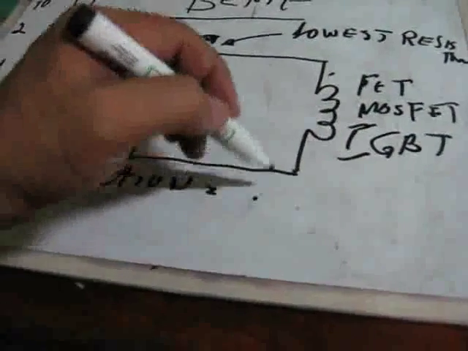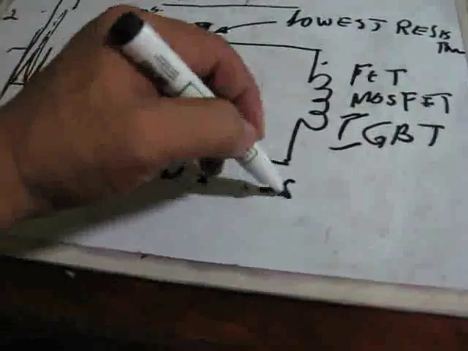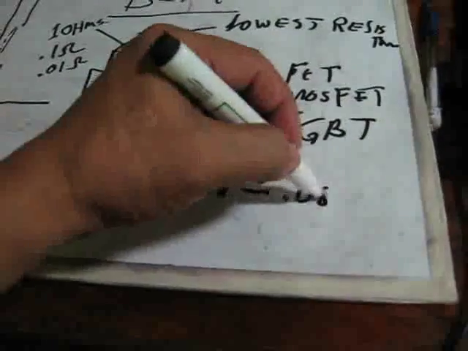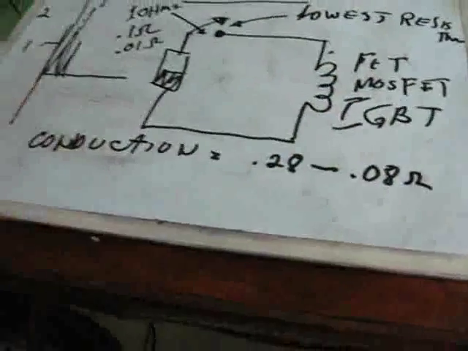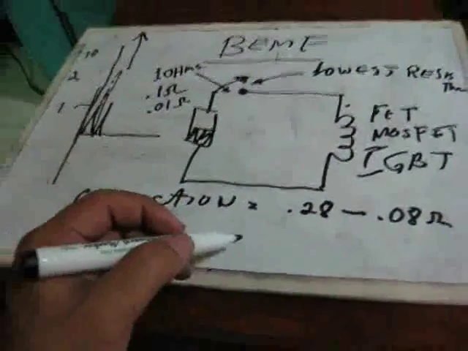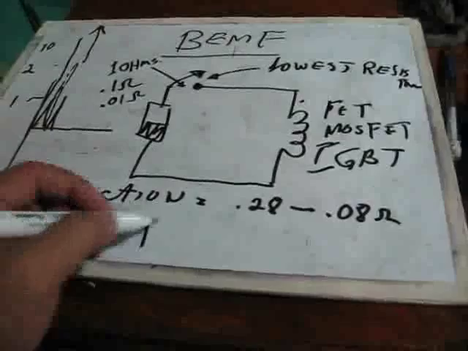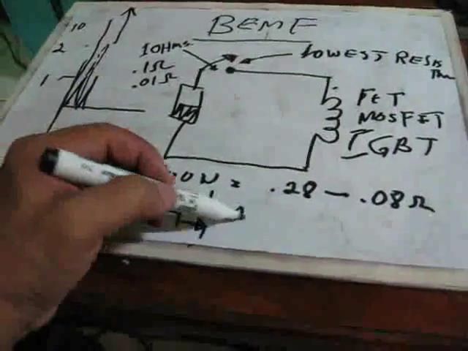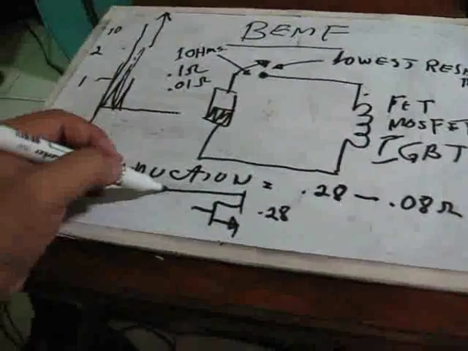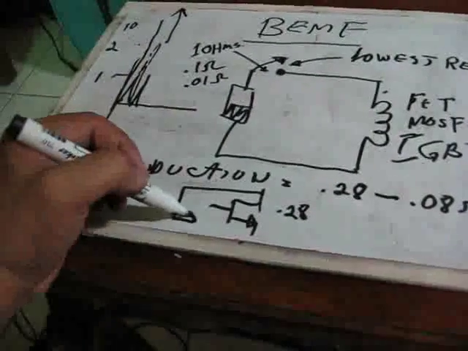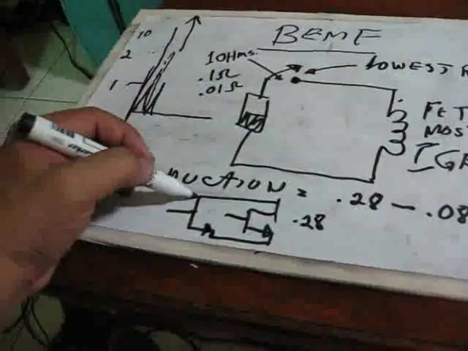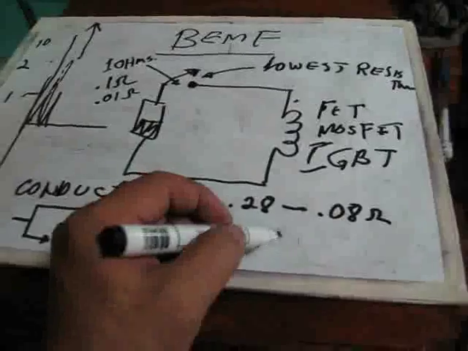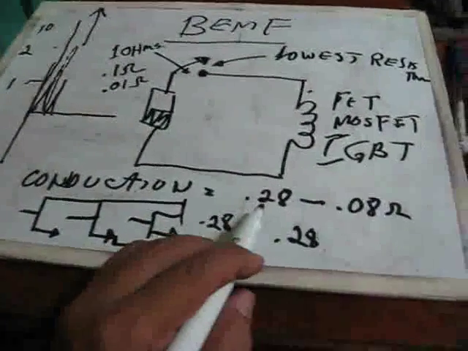average is 0.28 to 0.08 ohms. So what you're going to do is put these in parallel. If we use 0.28, make 10 of these in parallel, then it will become 0.028 ohms.